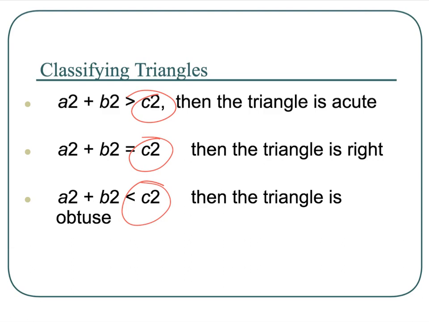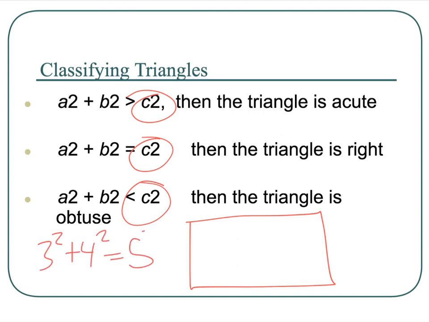Okay? Cool. And I use this all the time if I'm, say, framing up something that's rectangular or that I want to be rectangle. I might measure something that I know, 3 squared plus 4 squared is equal to 5 squared, right? It's a common one we'll learn about later, a 3, 4, 5 triangle. This is 9 plus 16 equals 25. So what I'll do is I'll measure, say, 3 feet in this direction and 4 feet in this direction, and then I'll take a tape measure from here to here, and I'll check to see if this is 5 feet, right?